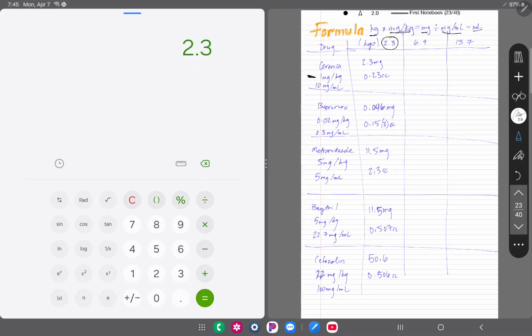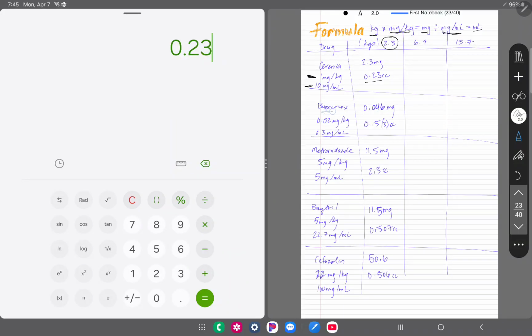Now you've got mg, and you're going to divide that by mg per mL, which is your concentration, or what is on the bottle. Sereni is 10 mg per mL, so you take 2.3 divided by 10, and you get 0.23 cc's, or mLs, and that's your answer.